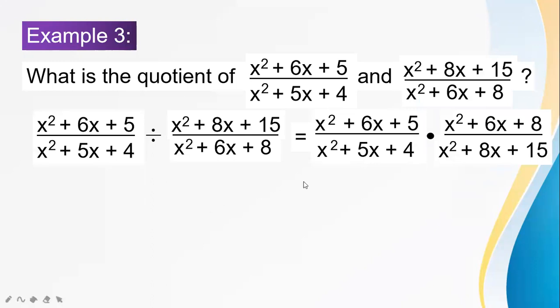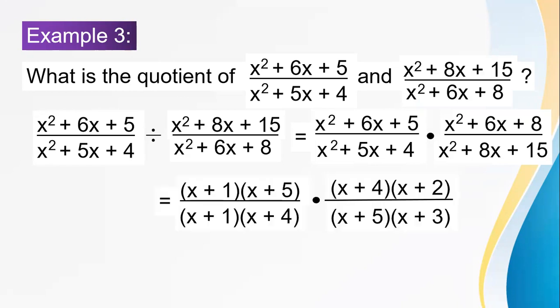Then the second step is to factor the numerators and denominators completely. We call these simple quadratic trinomials. For x squared plus 6x plus 5, since all the terms are positive, with no negative sign, the factors are positive. 1 times 5 is 5, and adding them gives 6x.